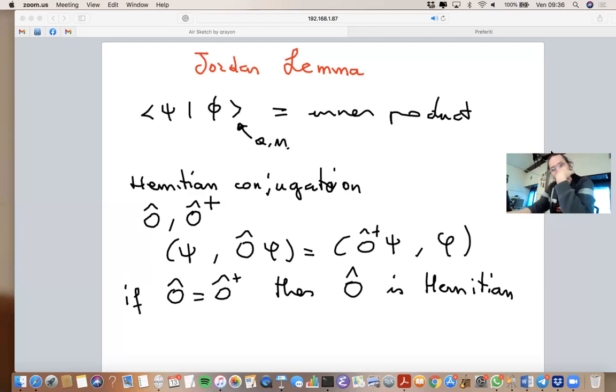And if you think about it a little bit, you immediately discover that hermiticity is basically the natural extension of the concept of symmetric matrix elements to the complex plane. And I will come to that in a minute. But let's make some examples.